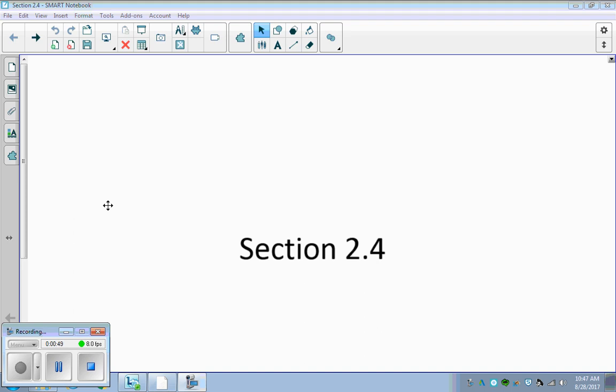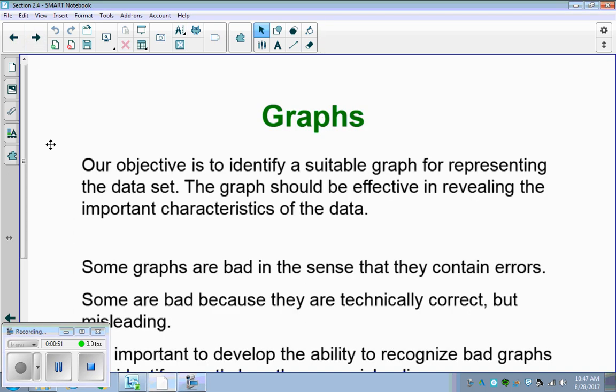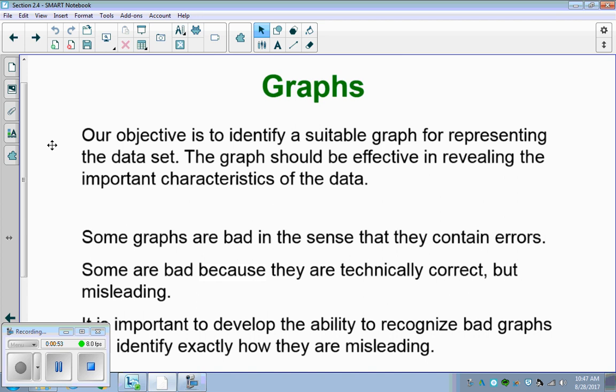So section 2.4 is really going to be talking to you about the different types of graphs that are available. Many times what you have to do is decide what is considered a suitable graph based upon the data set.